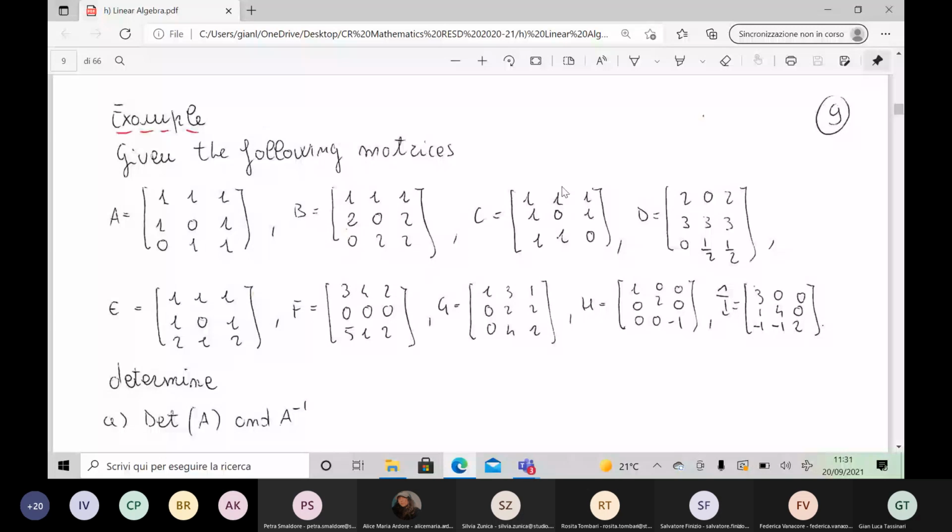But observe, I multiply by 2 the first one, by 3 the second one, by 1/2 the third one. So the determinant of D is equal to minus, because we exchange this row with this one, determinant of A times 2 times 3 times 1 over 2.